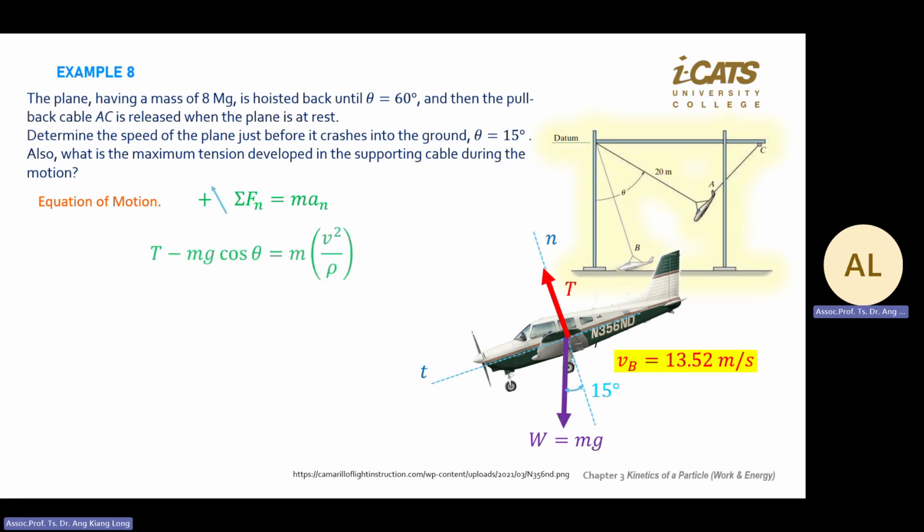So I'll just show you. You put in all the equations, just need to highlight that you call back the AN equal to V squared over rho. In this case, rho, the radius of the curve, is given. If it's not given, then you need to use the differential equation. Okay, you substitute the values there. There's only one unknown, which is T, missing in the equation.